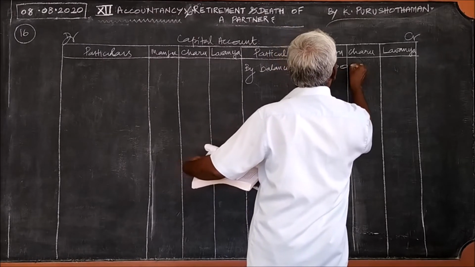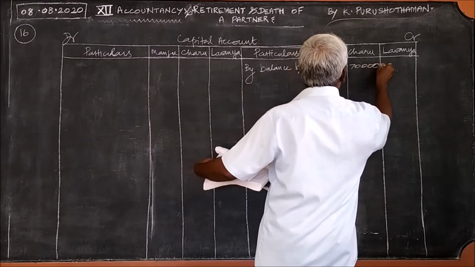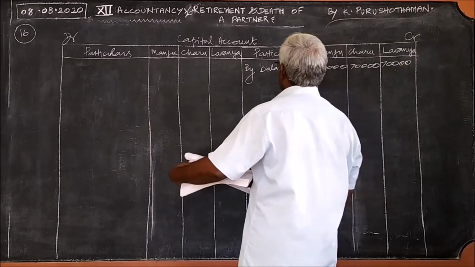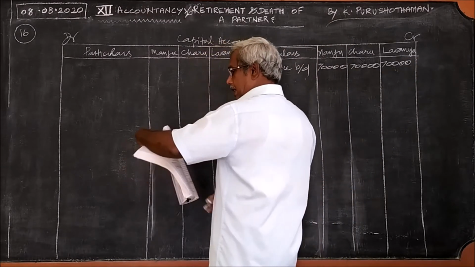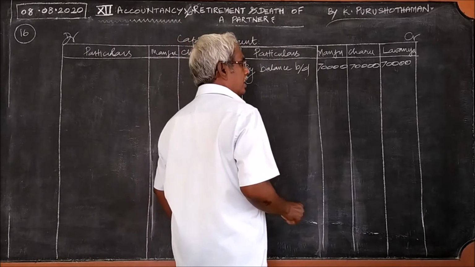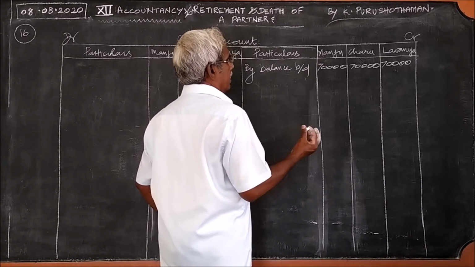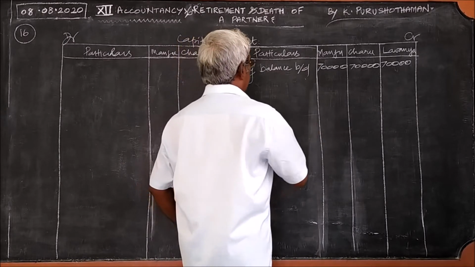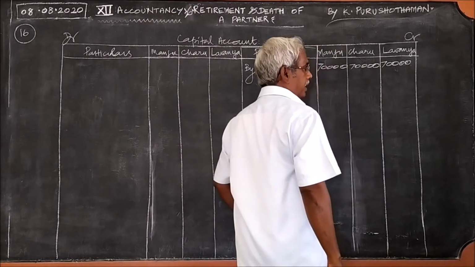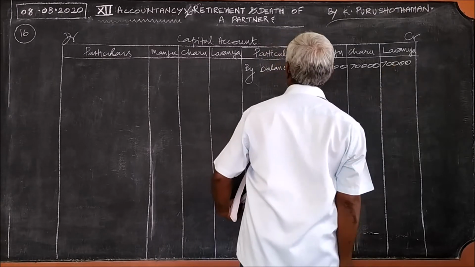Each has contributed 70,000. Then in admission, a new partner will bring in some capital. Say for example, Lavanya is the new partner, she will bring some capital. But here it is retirement. So for all the three partners, they have written.